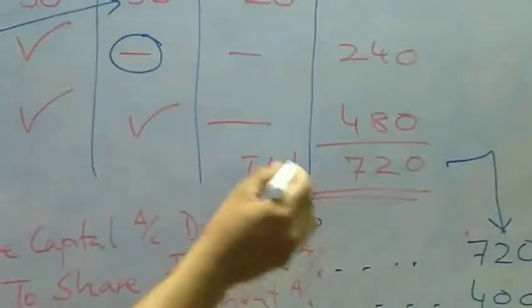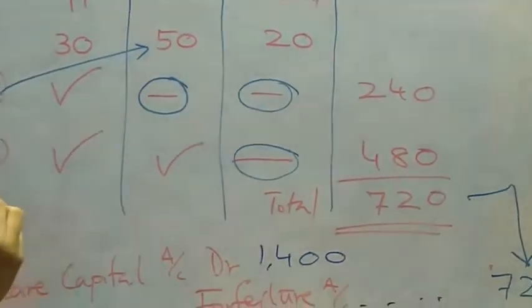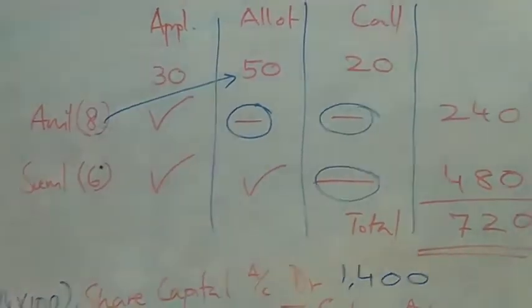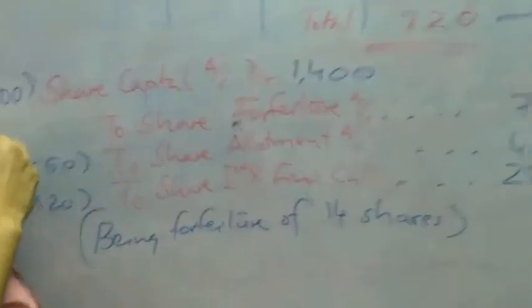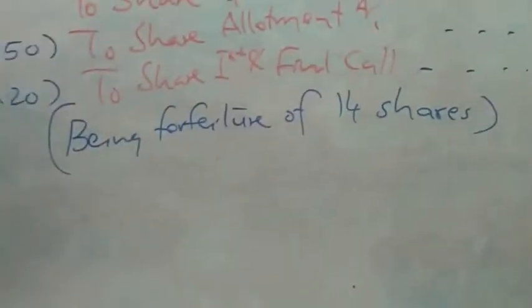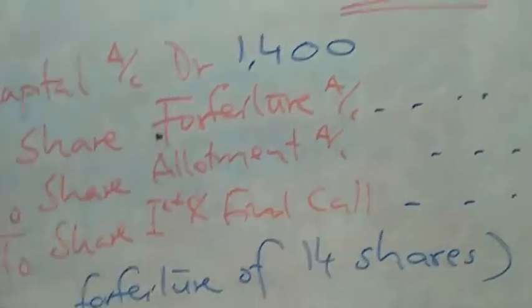When you come to the call entry, both the people are not paying the money, so it will be 6 plus 8, 14 into 20, that is 280. And you have to write the narration: being forfeiture of 14 shares. Then we will go for the next entry.